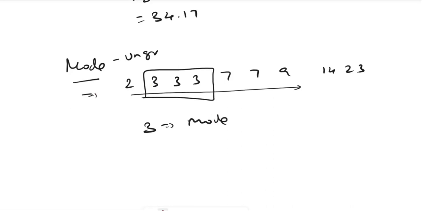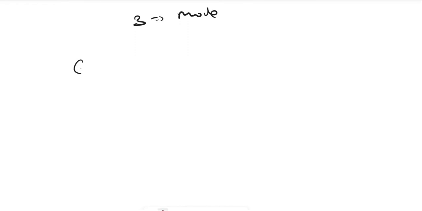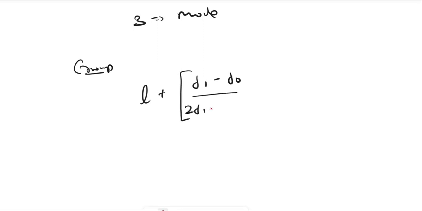And if we go towards grouped data, there is one formula. Kindly observe, dear friends. Mode is L plus (F1 minus F0) divided by (2F1 minus F0 minus F2), into H. I will let you know what F0, F1 and the rest are.